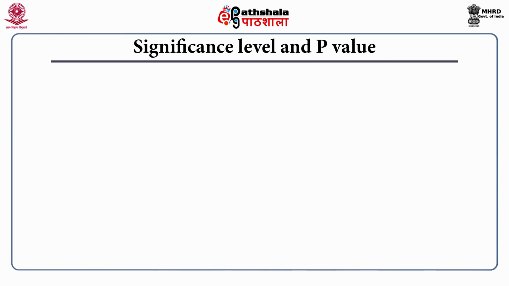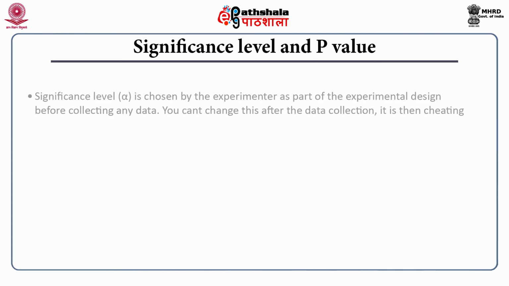So significance level and p-value are connected. Significance level alpha is chosen by the experimenter as part of the experimental design before collecting any data. That is extremely important. Even before collecting the data, the significance level should be part of the experimental design. You cannot change this after the data collection, and if you do change it, it's cheating.